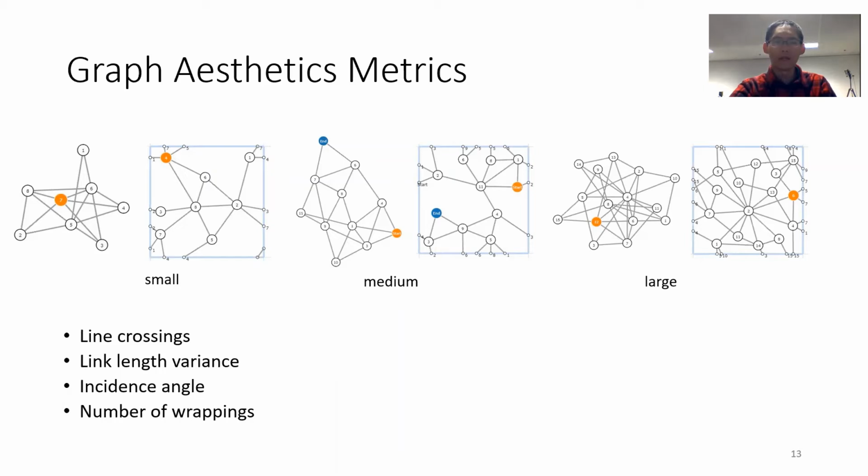We therefore took measures of graph aesthetics such as line crossings, link length variance, incidence angle, and number of wrappings. The result indicates that torus wrapping has significantly improved line crossings, link length variance, and incidence angle compared with non-torus layouts.